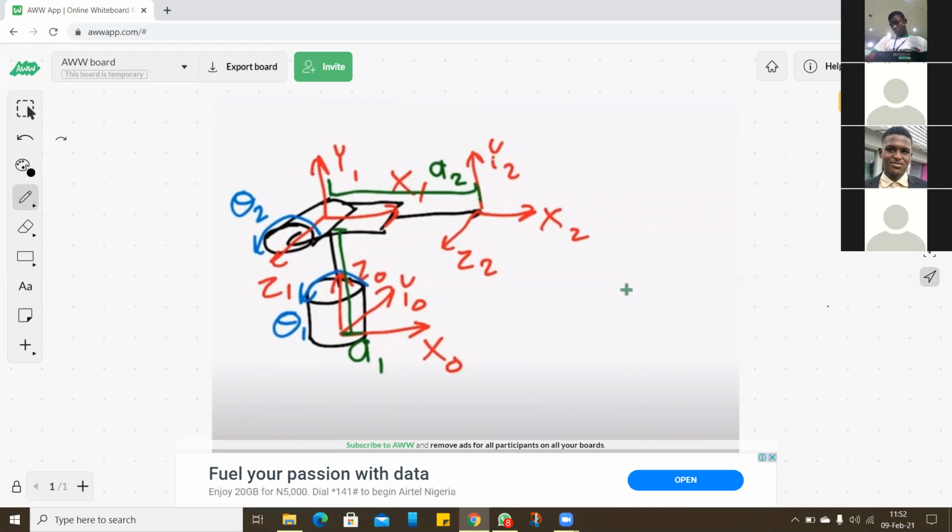That is, parameters that tell you that a frame has been rotated. That's just what it is. The other ones, D and R, are just displacement parameters, the distance between a particular place and another place, maybe in the X or the Y axis. We are going to get to that. Are we good to go now? Yeah. I'll continue. Okay.